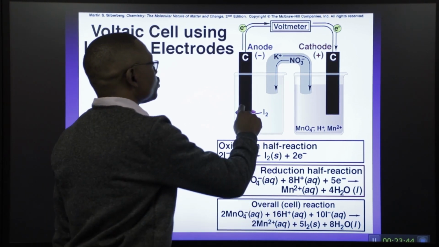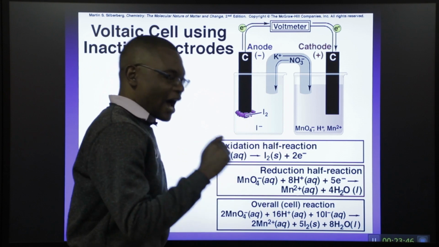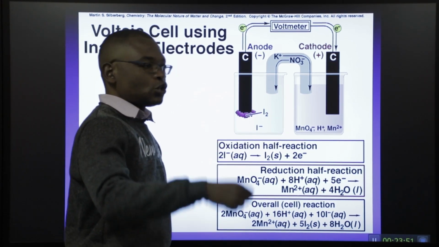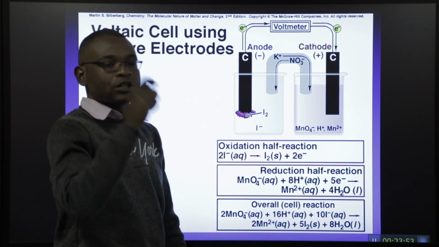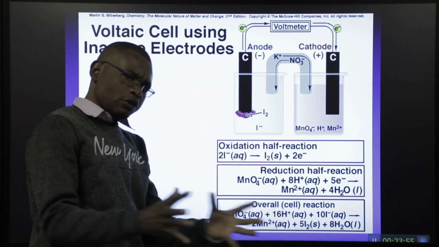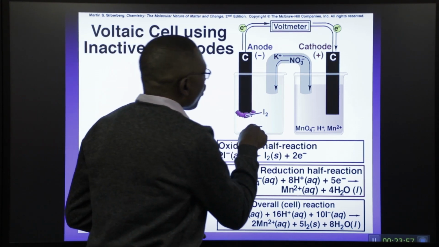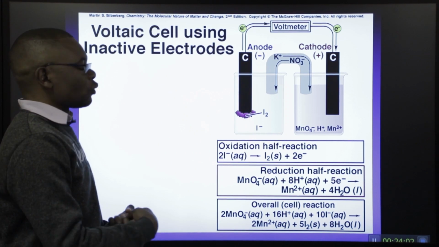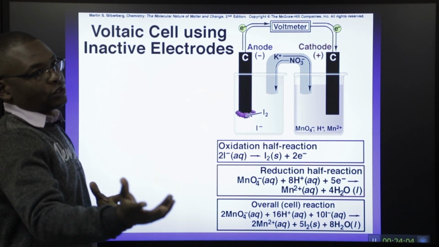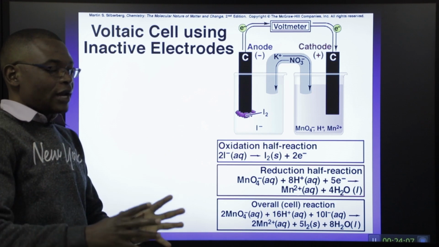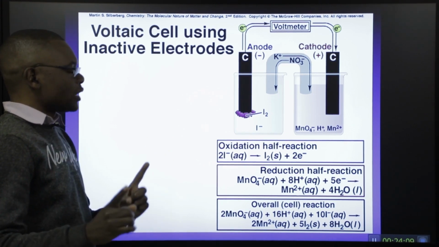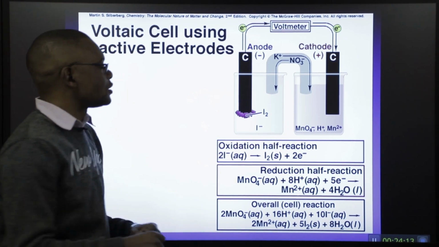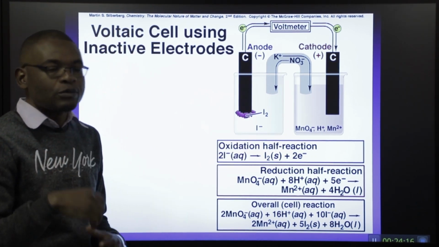Those 5 electrons will have to come from the iodide ions giving up their electrons to the carbon electrode of the anode. So if you put everything together, you see that one iodide ion will have to give up 1 electron. We know that when iodine forms, it forms a diatomic molecule.